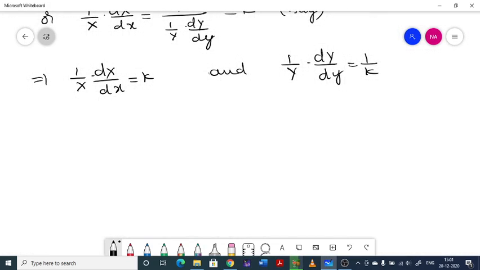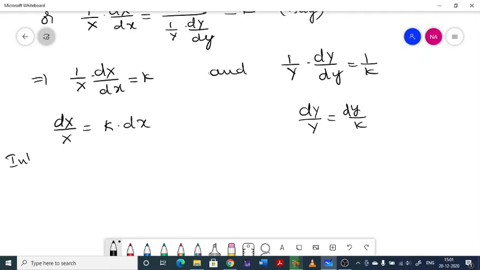Now integrating, okay, before that I have to separate capital and small letters. d capital X by capital X equal to k into dx, and this side d capital Y by capital Y equal to dy by k it is.